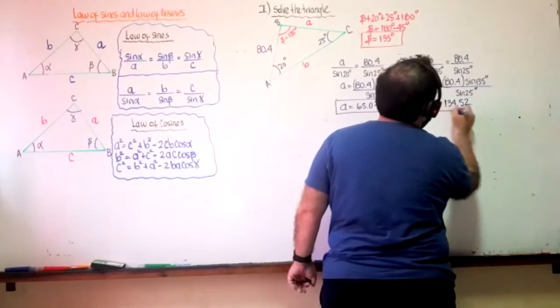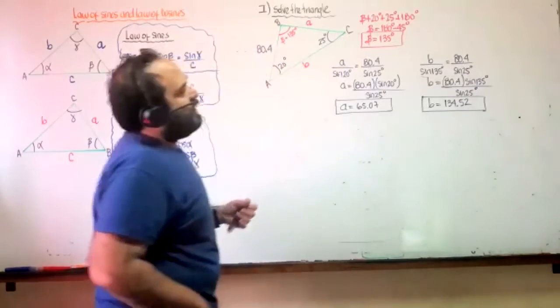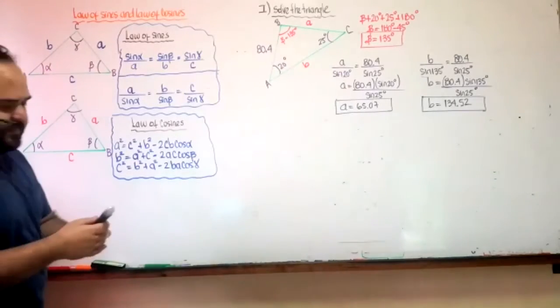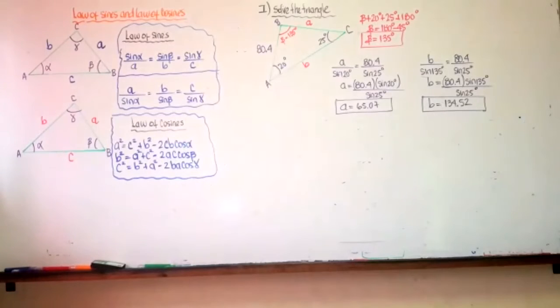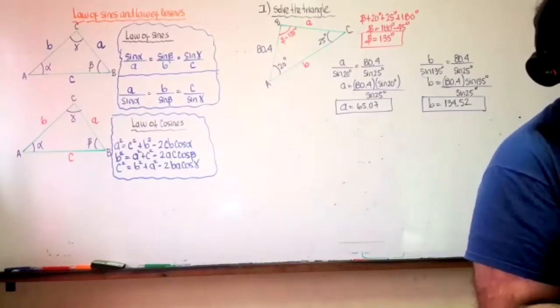And we got the solution set for this problem. Every time that our problem mentions solve the triangle, that means we make sure to know the measure of the three legs and the measure of the three angles.